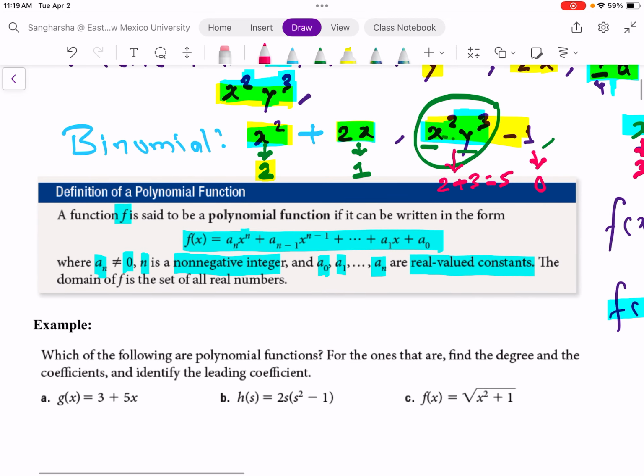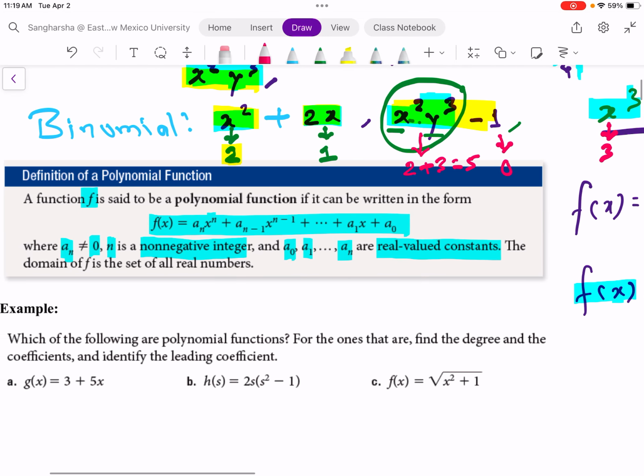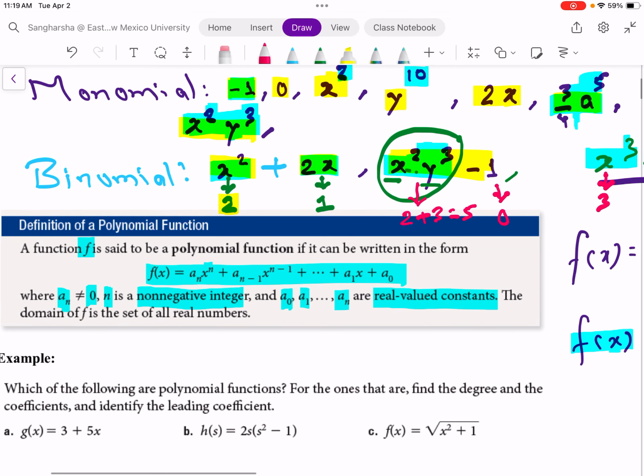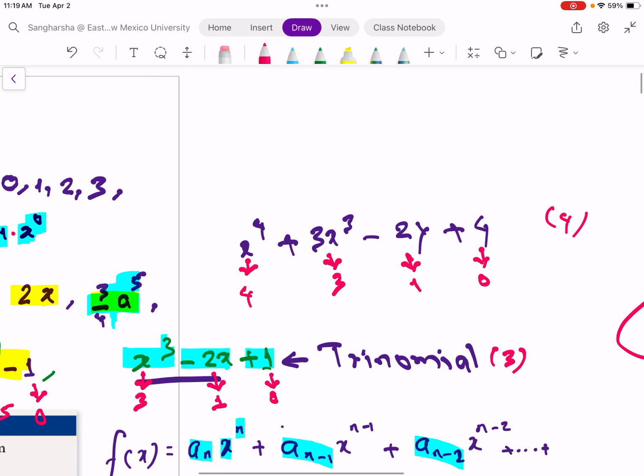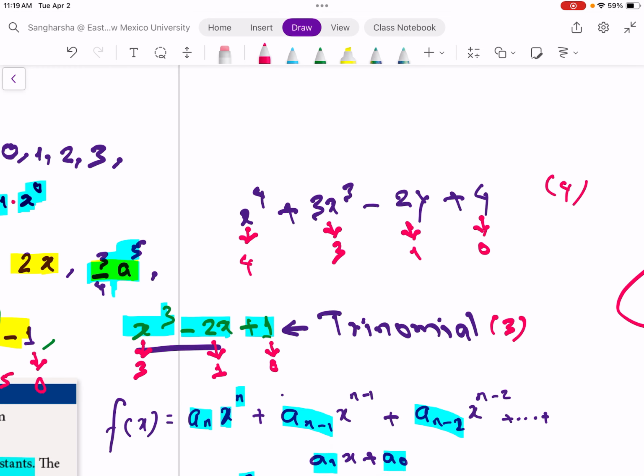Now in general, we always write down the polynomial function in the descending order of degree. If we go back here, this is a polynomial. The first term has a degree 4, the second term has a degree 3, the third term has a degree 1 and the fourth term has a degree 0.